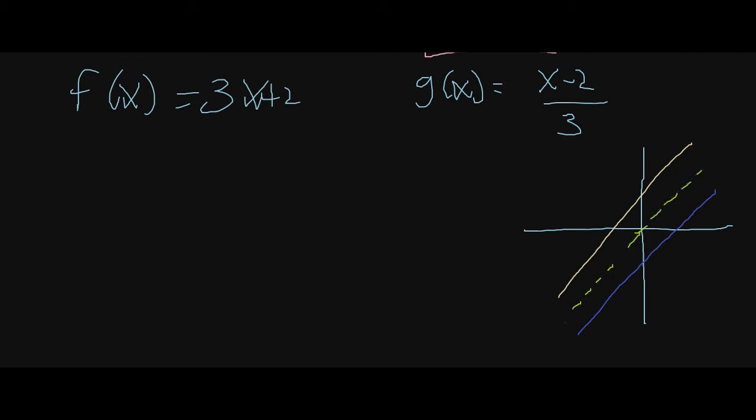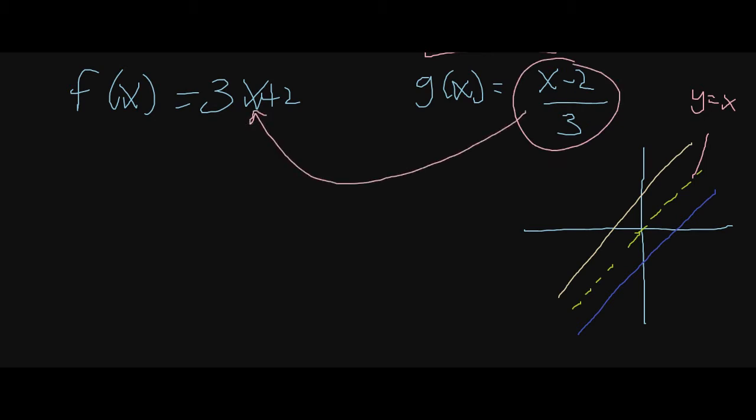This here is the y equals x line. If this is my original function, 3x plus 2, and I take the inverse and plug it into my original function, they undo each other.